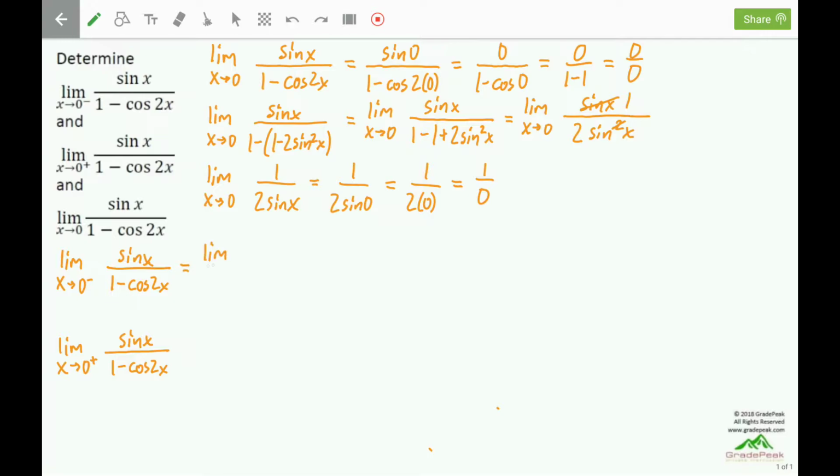Each of these can make use of the same identity. And so it will become sine of x divided by 1 minus 2 sine squared x, which will then become sine of x divided by 2 sine squared of x, and one of the sine x's can cancel from the denominator with the one that's in the numerator.